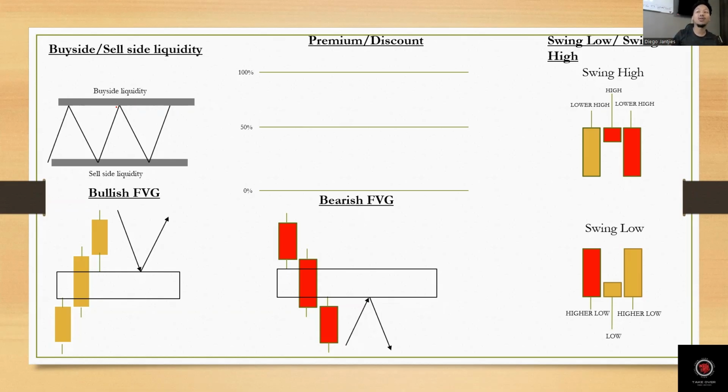When it comes to your normal support and resistance areas, price loves to go grab some liquidity above or below price. In this example, can you see that we have an area of resistance?